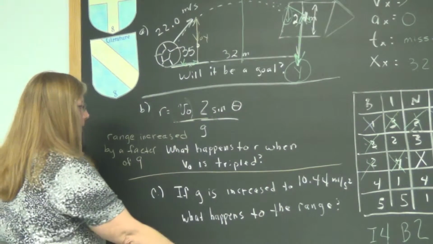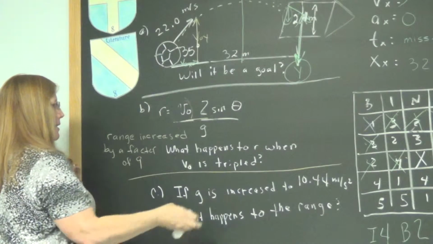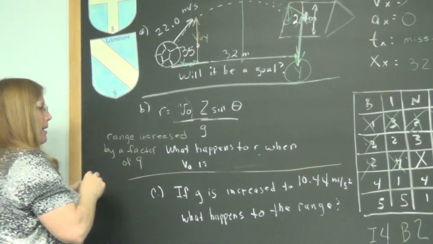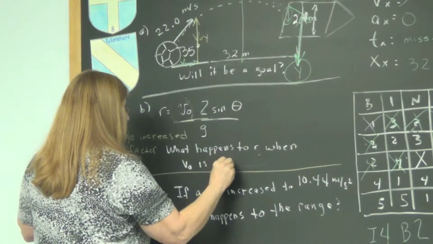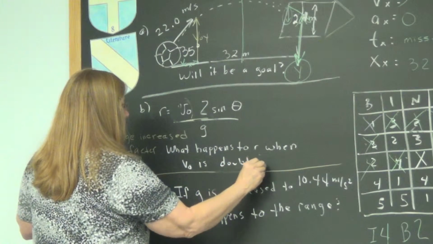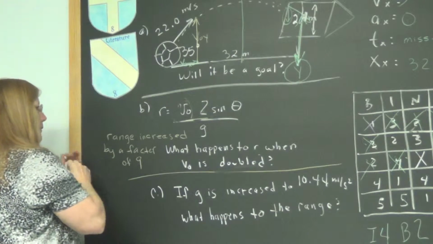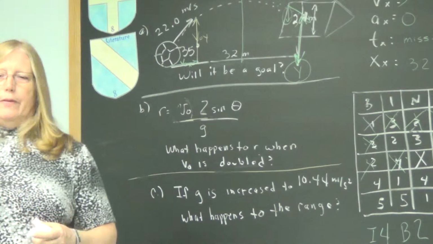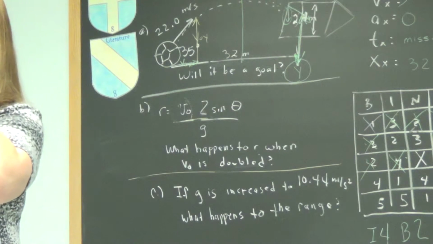This one's for a bingo, now that you're all trained. What happens to R when V sub O is doubled?